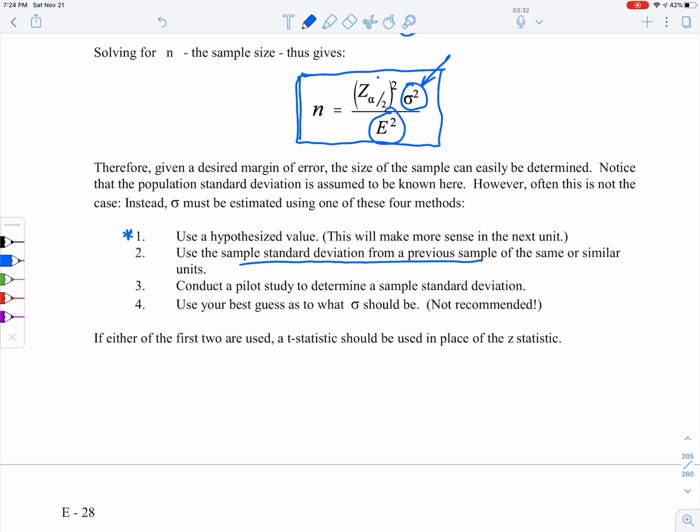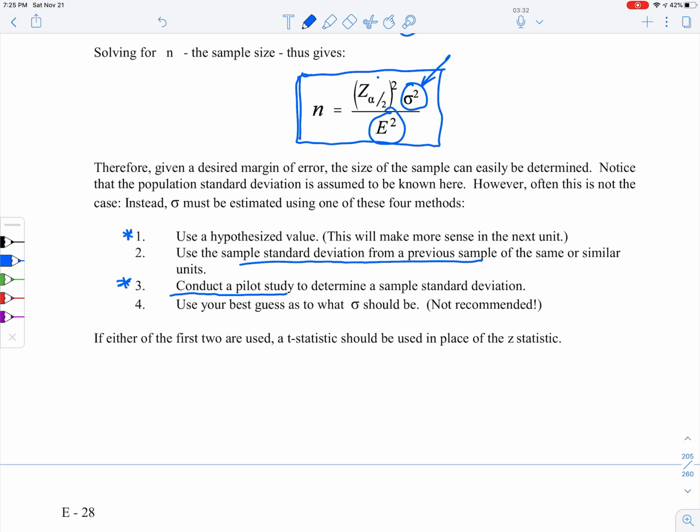That would be a sample standard deviation that you would use. Or if you're, say, doing this for Red Deer, you could look at a comparable city, maybe Lethbridge or something like that, and maybe they did a study, and so you could use the standard deviation that they had, because those are comparable.